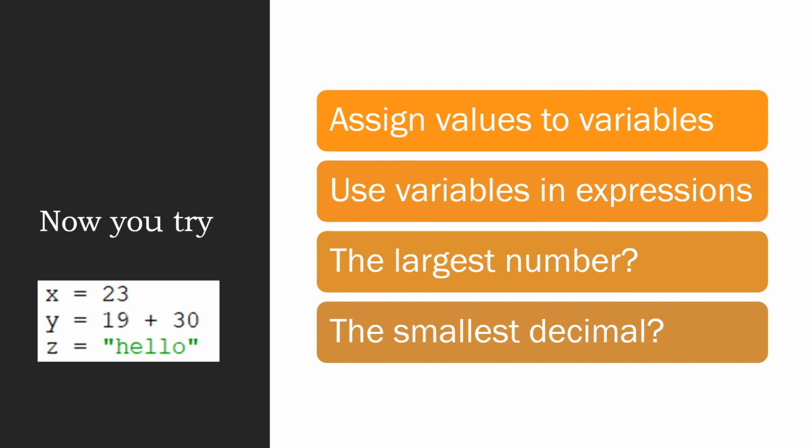And I've got a couple of challenges for you. What's the largest number you can create from those variables? And what's the smallest decimal fraction that you can create using those values? You can use them more than once, and you can use any of the operators that we've learned.